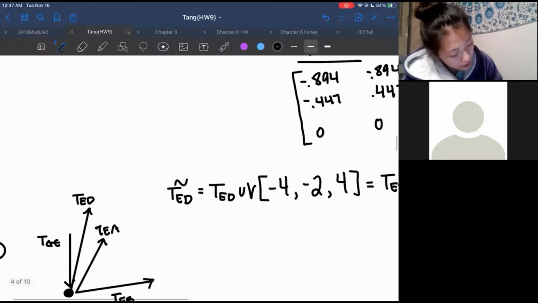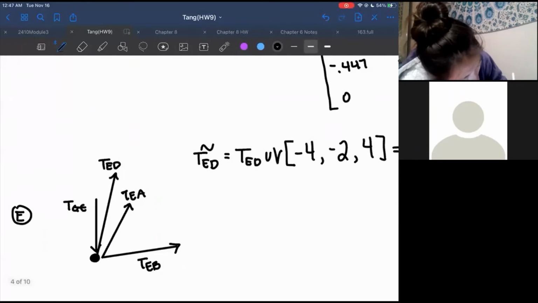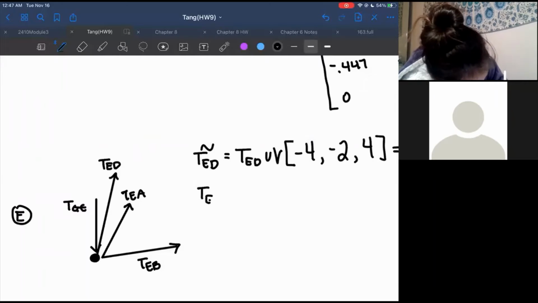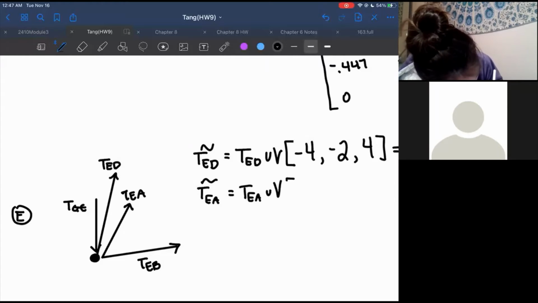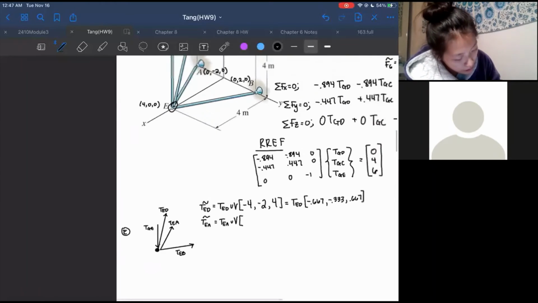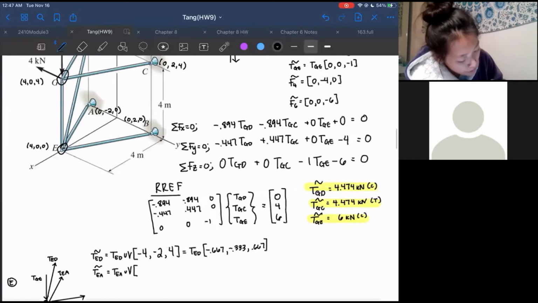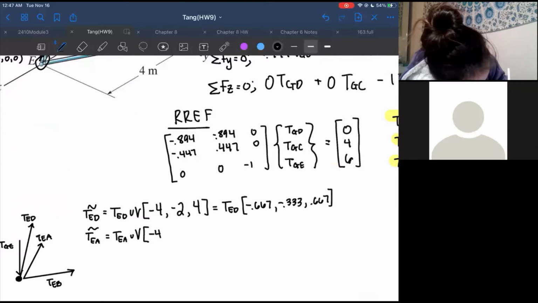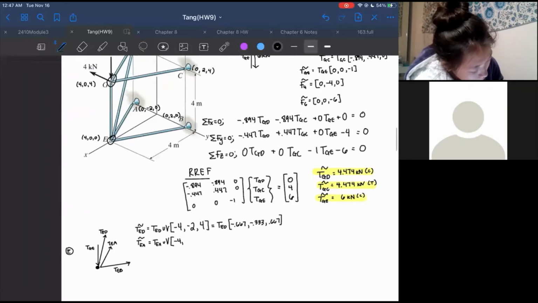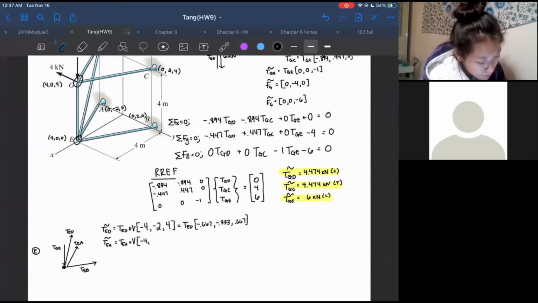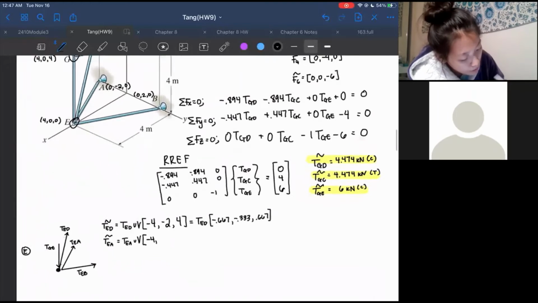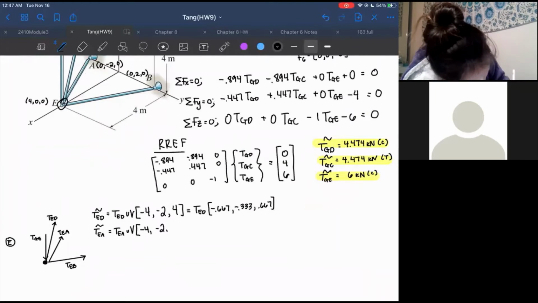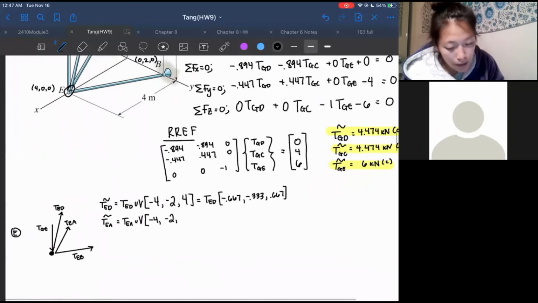Next, we'll do TEA. So TEA is the magnitude times a unitized vector, which will be 0 minus 4, which is negative 4. And it'll be negative 2 minus 0, which is negative 2. And then it will be 0 minus 0.